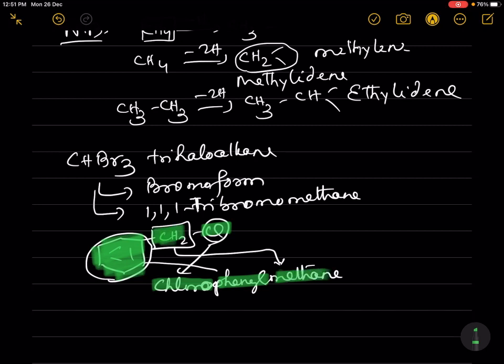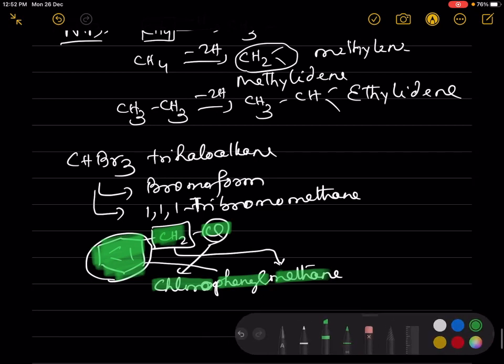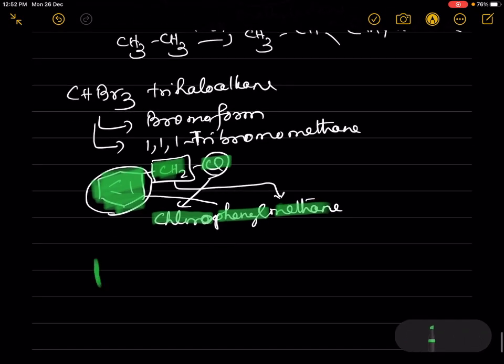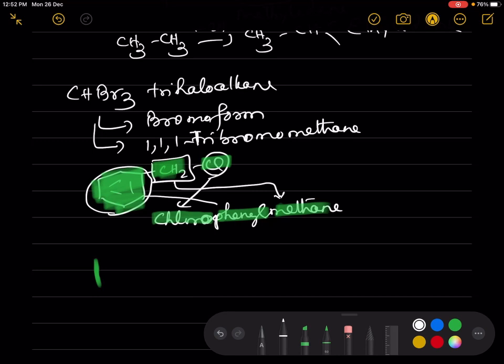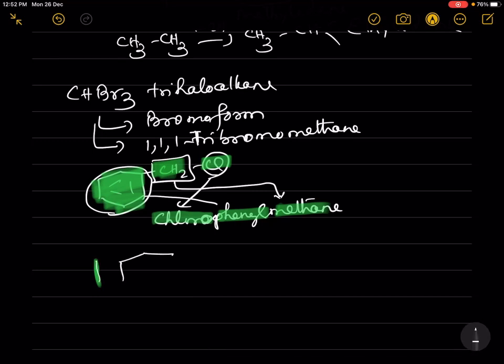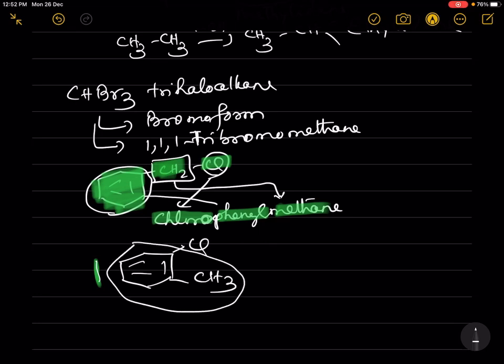Chlorophenylmethane. And this one is known as ortho-chlorotoluene. This is toluene and this is the ortho position. So ortho-chlorotoluene.